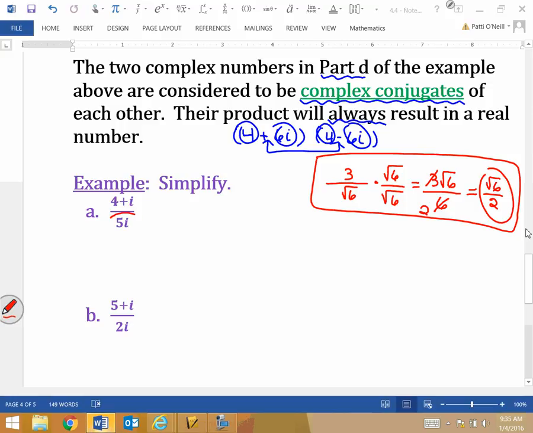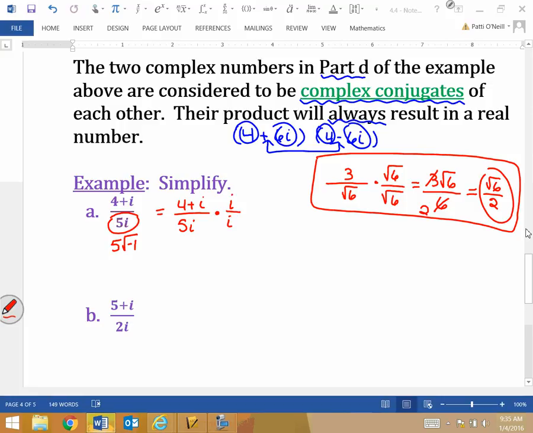When we have a situation like this, this is really telling us we have 5 times the square root of -1 in the denominator. So to get that radical out of the denominator, I need to multiply the numerator and denominator by the radical that's in the denominator. So since it's not presented in the radical form and it's really in the 4 plus i over 5i form, I'm multiplying by i over i.